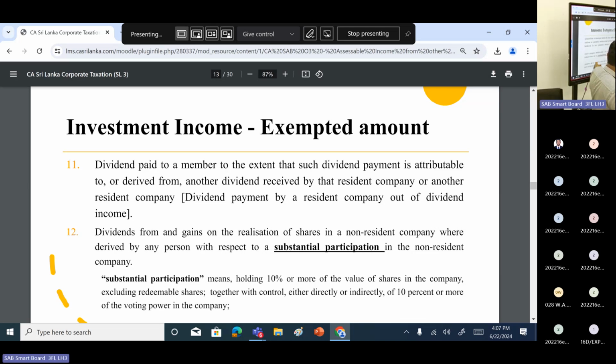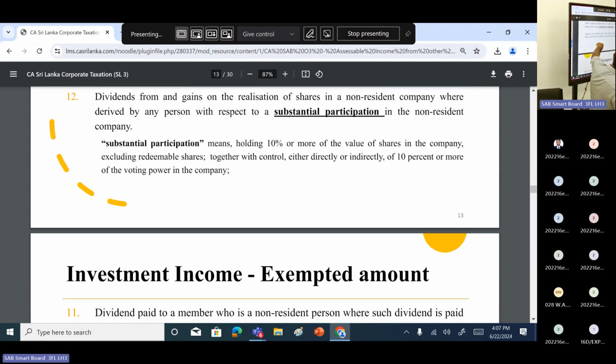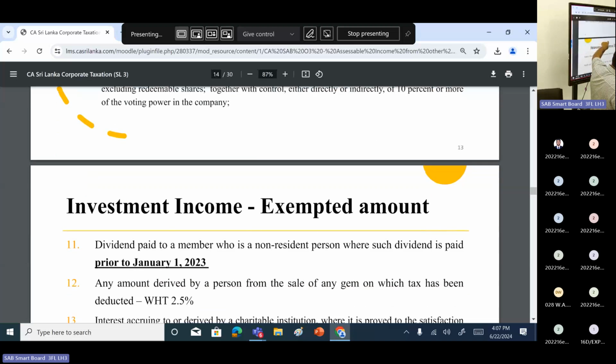If there is a substantial participation, here substantial participation means only 10% or more of the value of the share in the company, including redeemable share. So, there is control either directly or indirectly of 10% or more of the voting power in the company. If that is the case, that particular dividend or the gain, both are exempt.